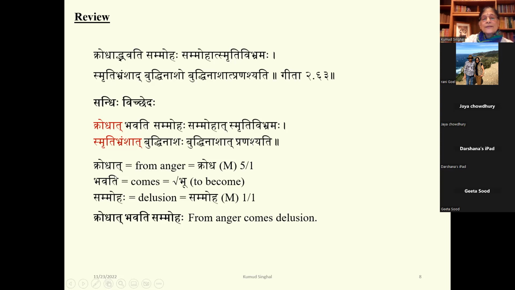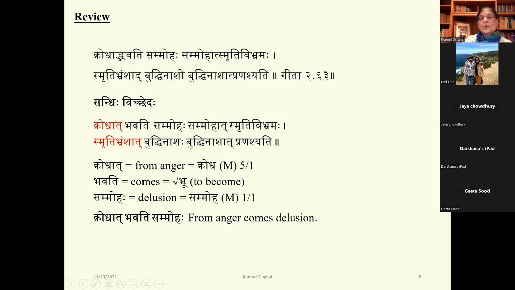So now let us look at the word krodhat. So krodhat, the nominal stem is krodha. It is a masculine nominal stem and it ends in the vowel a. So it will decline like the Rama Pratipadikam. So Ramat, krodhat, from anger. So this is in Panchami Vibhakti Ekavachanam.